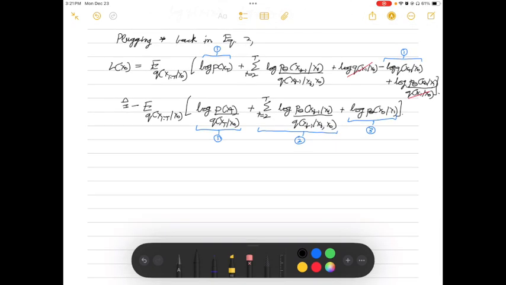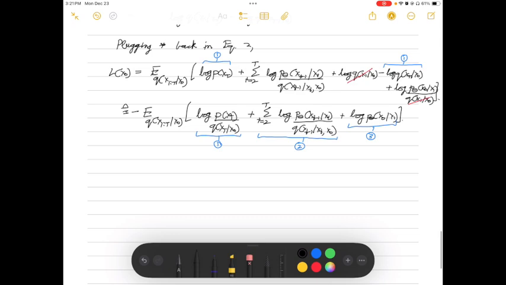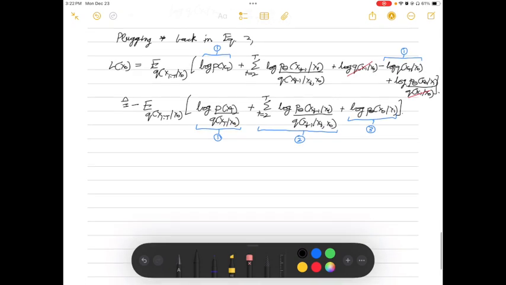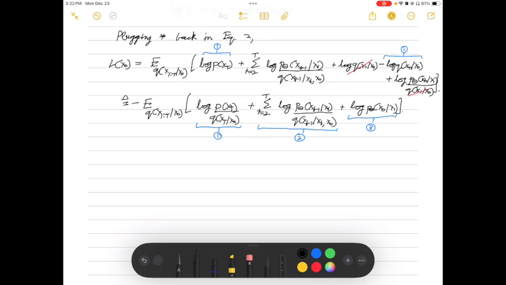But now we have reached a step where we can write all these terms as the KL divergence between different distributions. So to see this, let's move the expectation into each of these terms and write them separately.